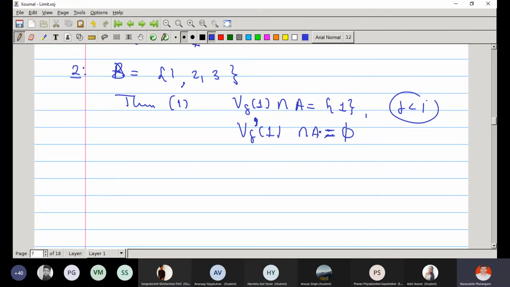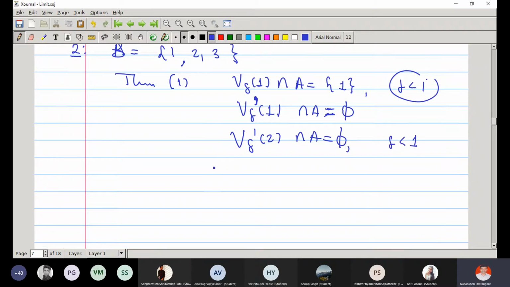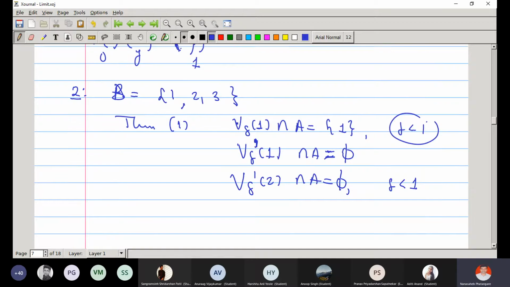Is it correct? Yes. Right. Similarly, the deleted neighborhood of 2 intersection with B is empty if delta is less than 1, and the same is true for 3, right? So this is the observation for this set.